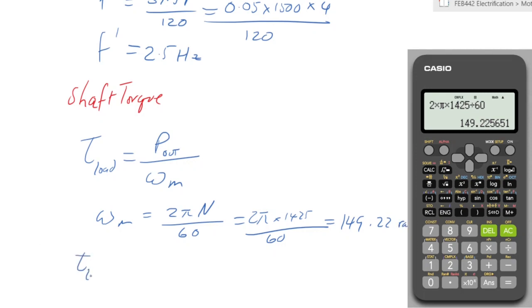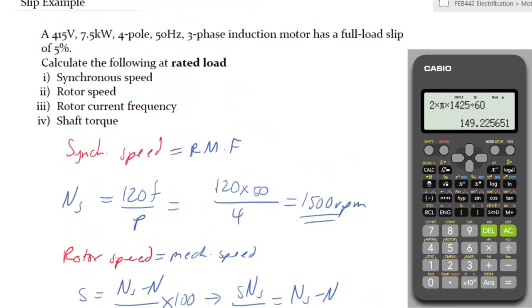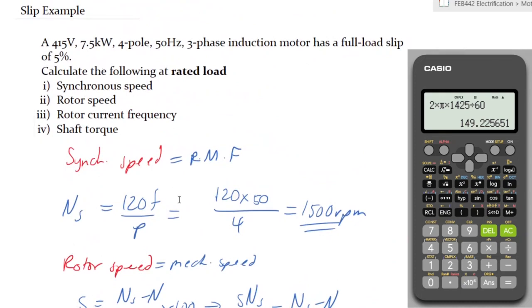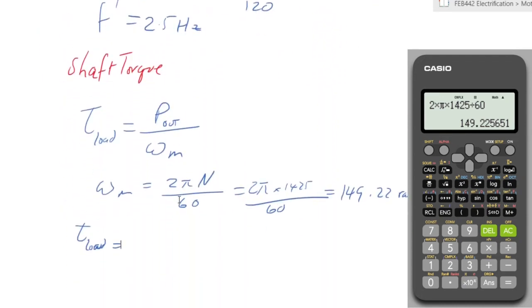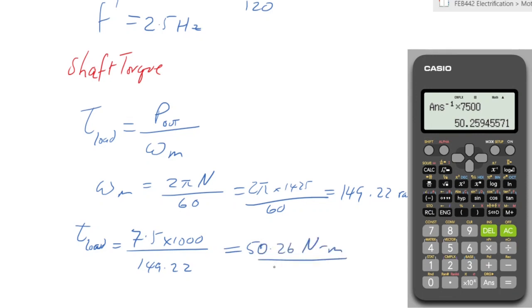Therefore, T load or tau load is equal to output power. The output power was 7.5 kilowatts, so 7.5 times 1000 divided by 149.22, which is 50.26 Newton meters, right?